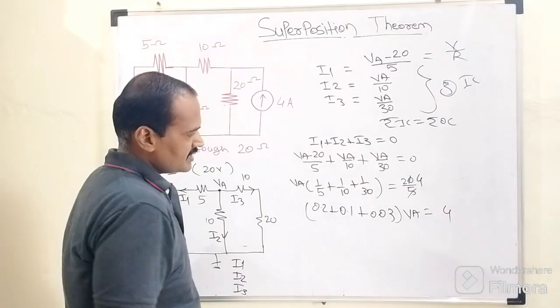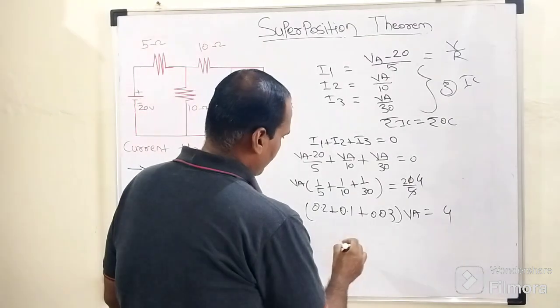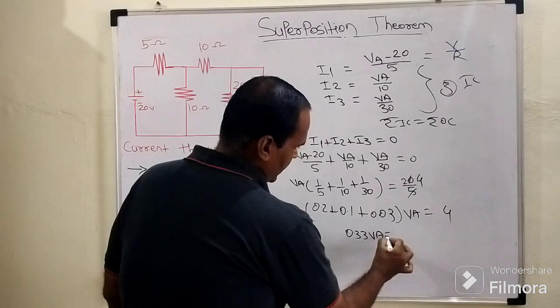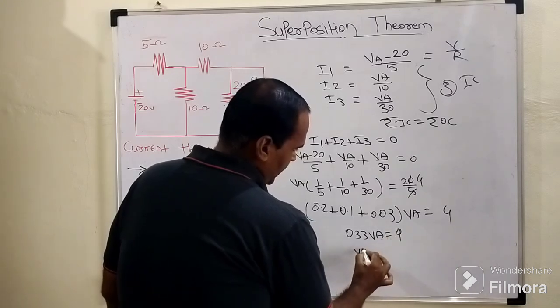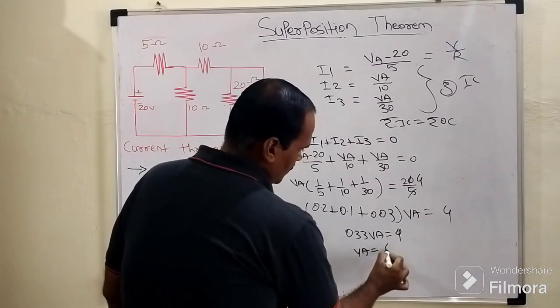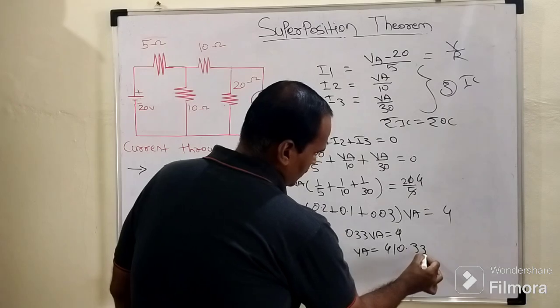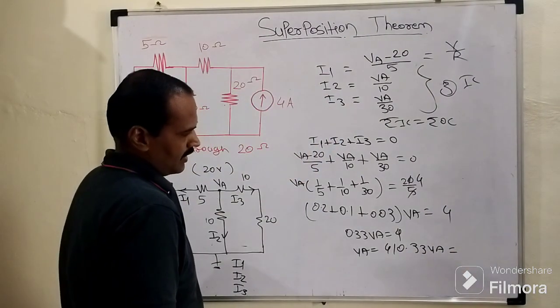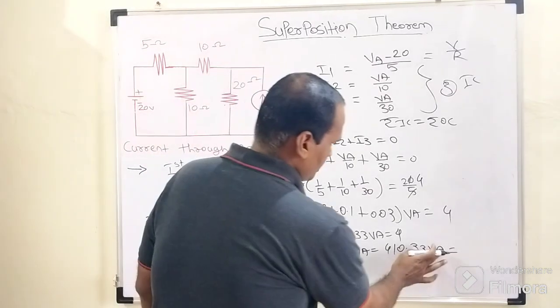So the summation of these three terms will become 0.33 times VA equals 4. So VA equals 4 upon 0.33.